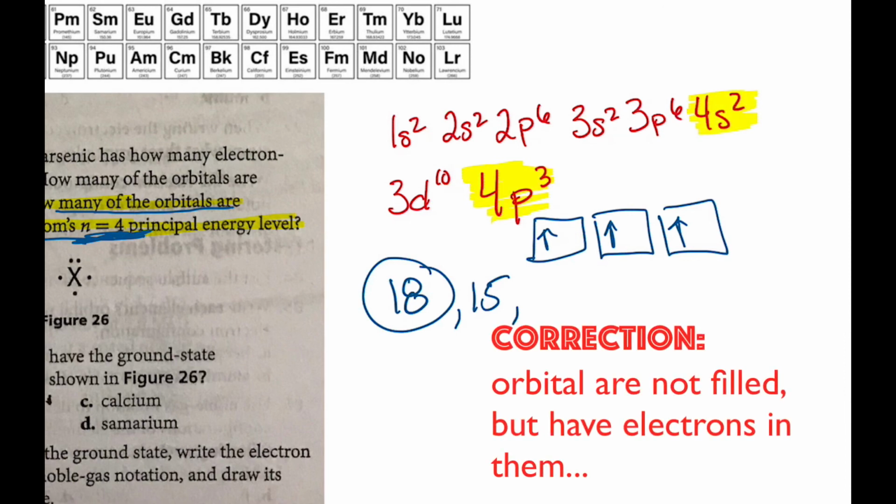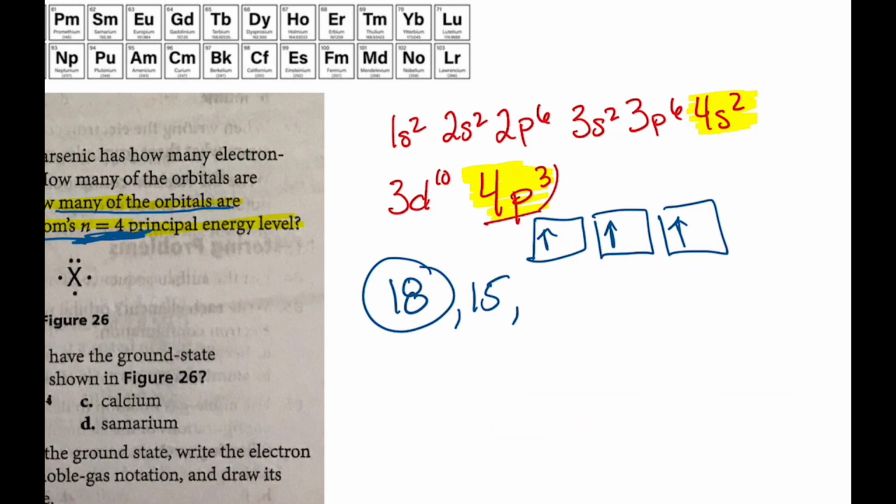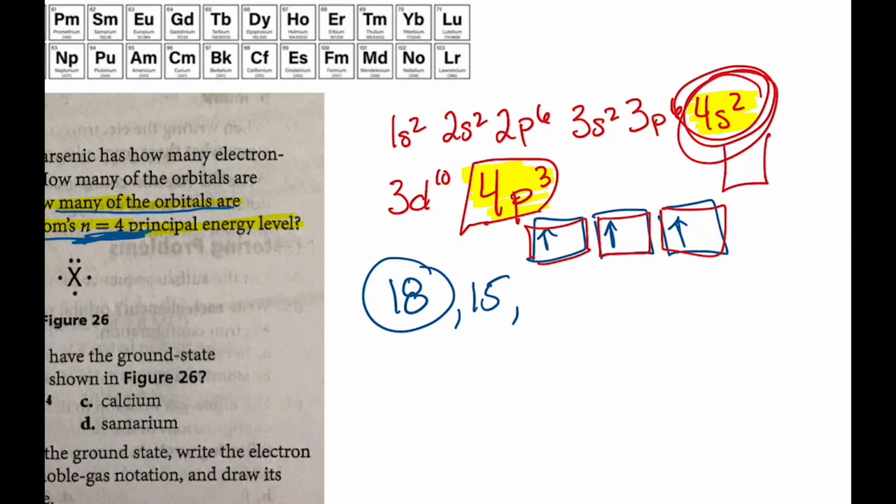So now the question is how many orbitals are associated with those 2? And I already said with this one here I have 3 orbitals. 1, 2, and then 3. And then with the 4s, you know that the s is only a single orbital, right? So that's 3, that's 4. So I have 4 orbitals that are associated with principal energy level number 4.